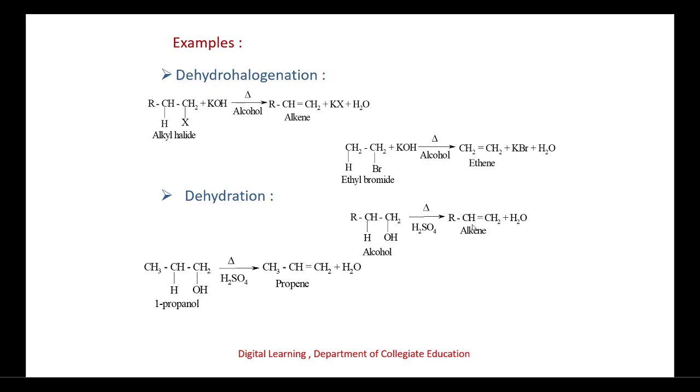As a result, an unsaturated alkene is obtained. For example, when 1-propanol is heated in the presence of sulfuric acid, we get the unsaturated propene. So these are a few examples of elimination, that is dehydrohalogenation and dehydration.